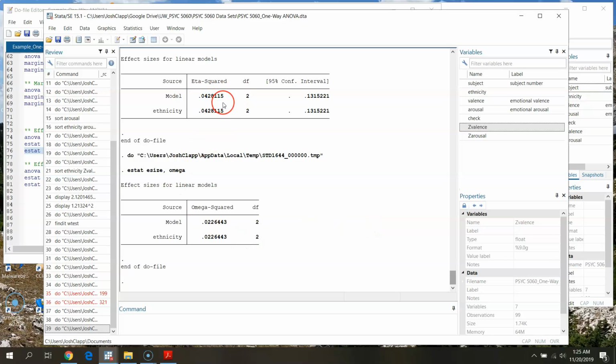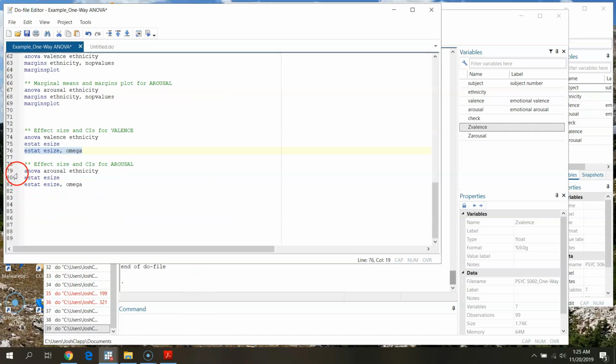So again, eta squared is a nice descriptive statistic, but if we're looking for population effects, we probably want to look at omega squared. Now, Stata doesn't give us confidence intervals around omega squared because the calculation is complicated, but if we wanted confidence intervals, we'd take a look at eta squared, not omega squared.